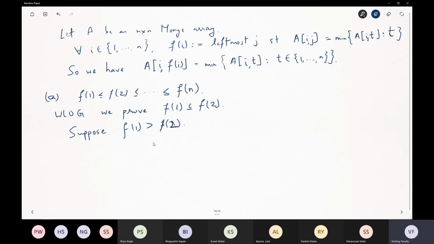So you simply compare the elements a1 f1, a2 f2, and so on. Then what we get is a1 f2.